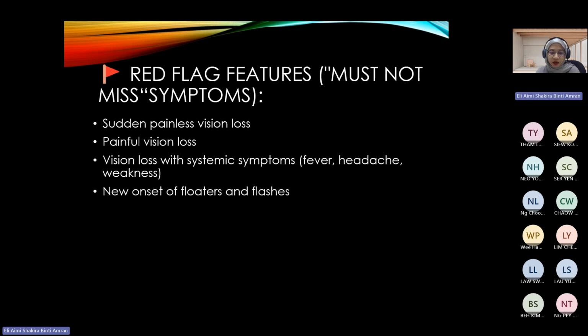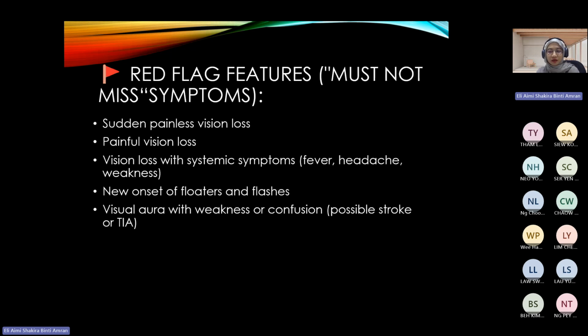And then if there is sudden or new onset of floaters and also flashes, and visual aura with weakness or confusion, this is a sign of possible stroke or transient ischemic attack. Patients might need to be evaluated urgently. You have to refer the patient to emergency or any stroke units in Klang Valley.